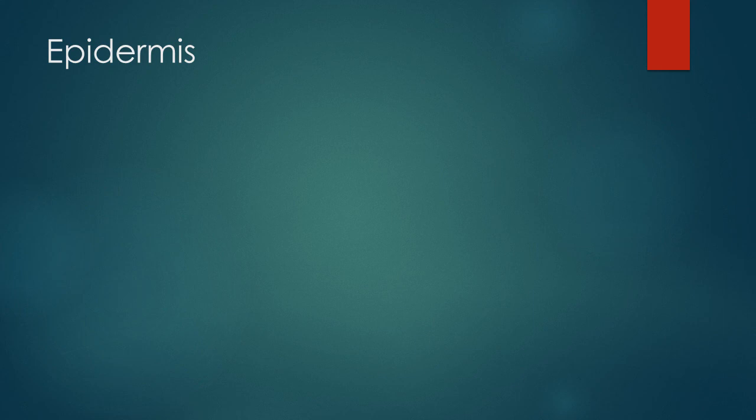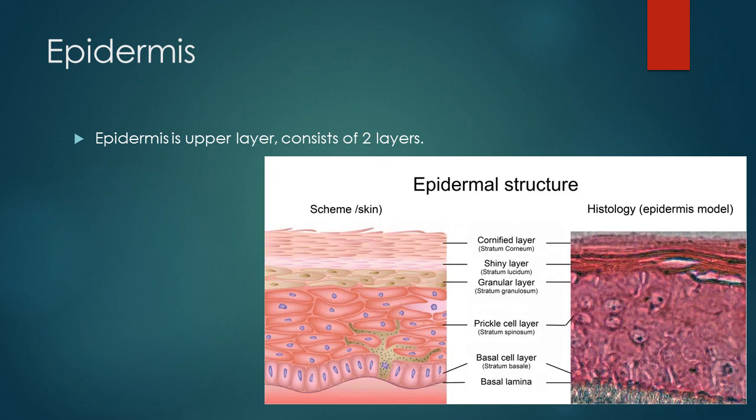So the epidermis, so the first layer, consists of 2 layers. Okay, my apologies, a difficult picture is going to come now, but it's just to show you that a schematic drawing and what you actually see under a microscope is very similar. So I'm sorry for all the difficult words.